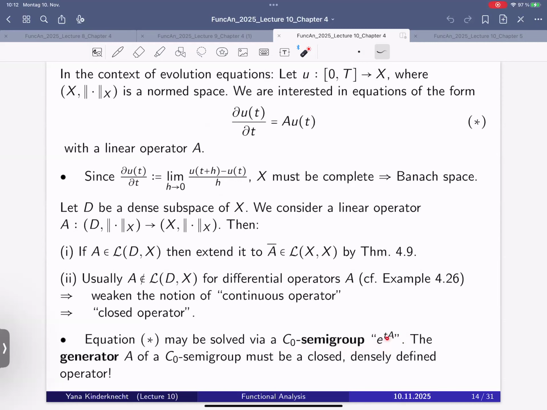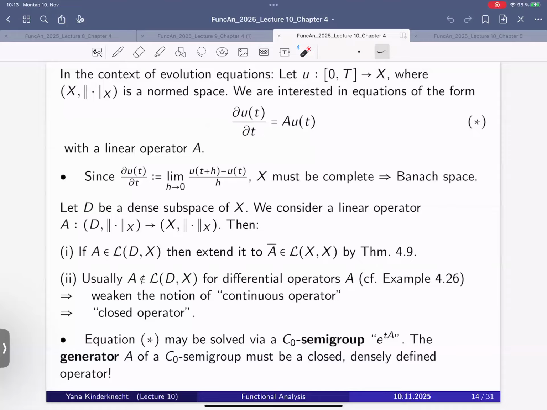So if A is such that there is a strongly continuous semigroup generated by this operator, then this semigroup gives the solution of such evolution equation exactly as in the case of ordinary differential equations in finite dimensional spaces. And it is also known that if we have a strongly continuous semigroup generated by operator A, then this operator A must be a closed and densely defined operator.